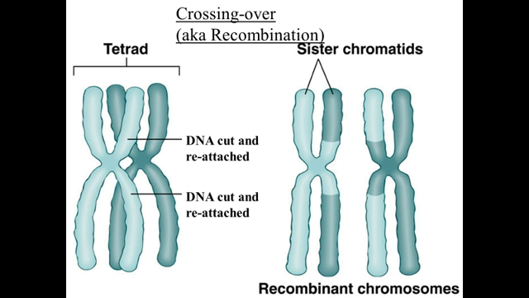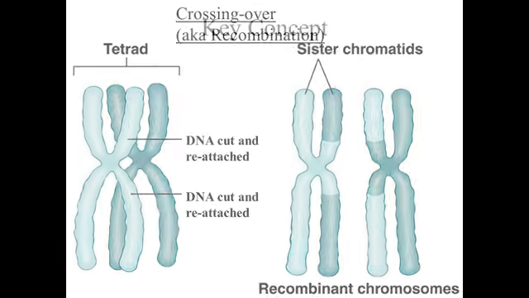And in fact, the chromosomes that you inherited from each parent are a mishmash of what they inherited from their parents. So this gives us a greater amount of genetic variation in our chromosomes than we otherwise would if this didn't happen.